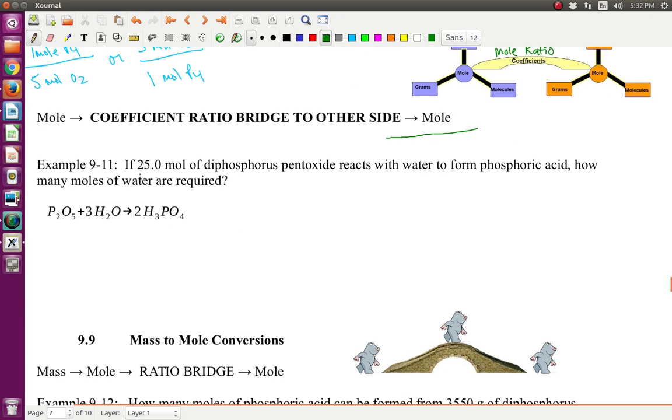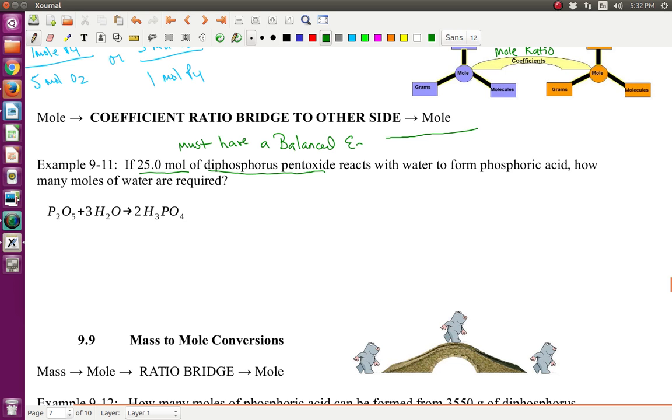If 25 moles of diphosphorus pentoxide, so when I do these equations or these questions, I always take the given information and I put it underneath the equation. Now, I will tell you this right now. In order for this to work, you must have a balanced equation.